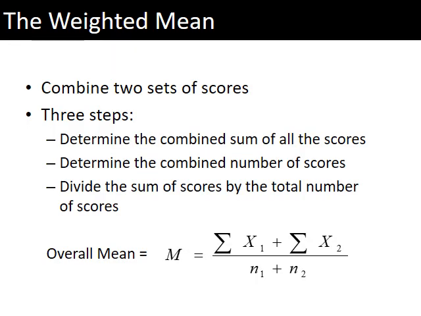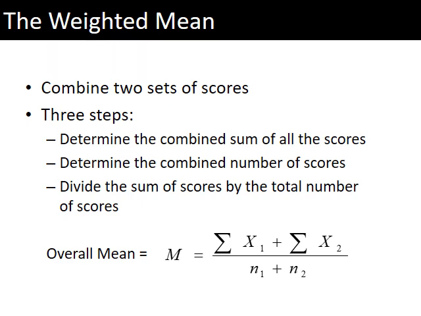In this case, what we're going to have to do is determine the combined sum for distribution 1 and the combined sum for distribution 2, so that'd be x times f, right, for each of those, the sum of all x's for 1, the sum of all x's for 2, divided by the number of scores in 1 plus the number of scores in 2. Right?